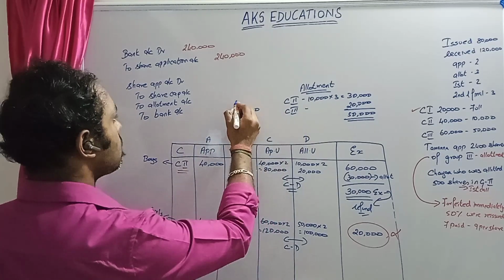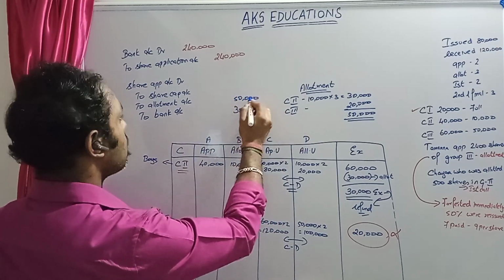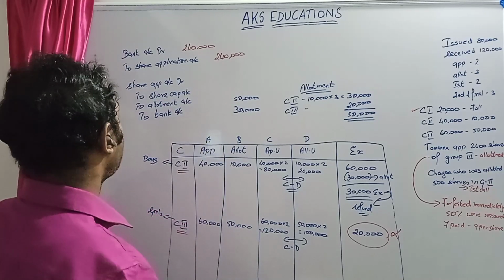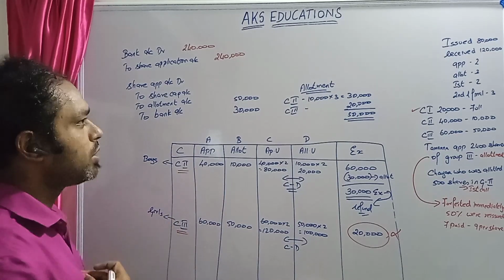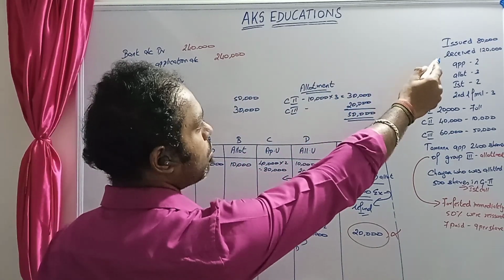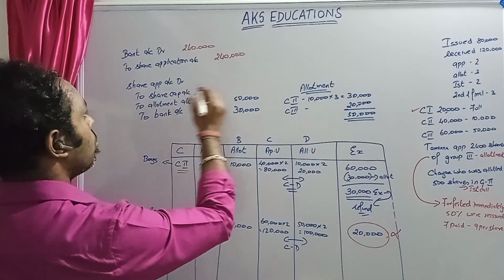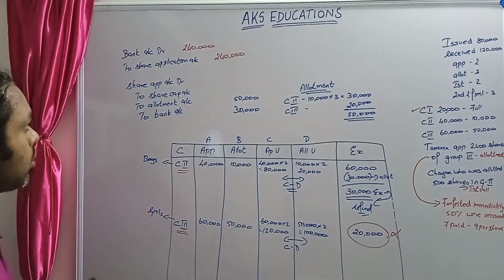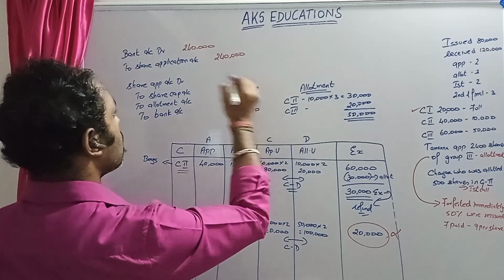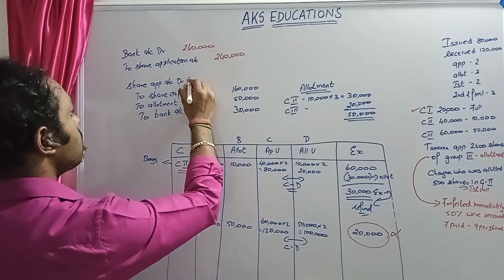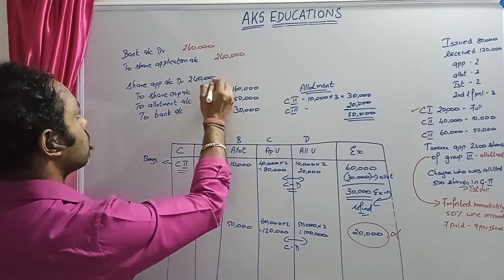So allotment is 50,000 and share capital. Share capital is normally how much we should receive? It is issued 80,000, 80,000 into 2. So 1,60,000. Alright, so this amount it is 2,40,000.